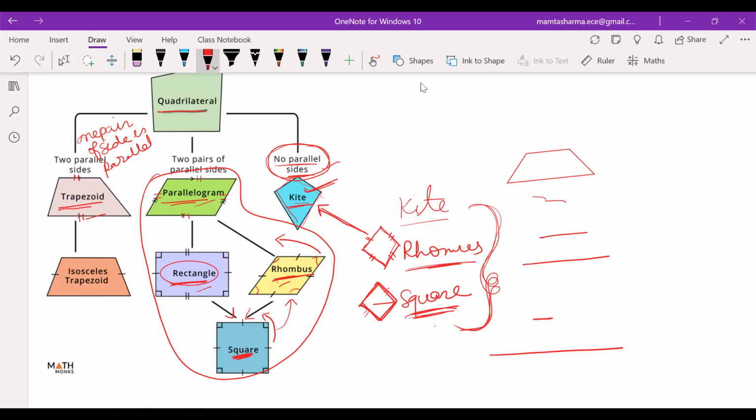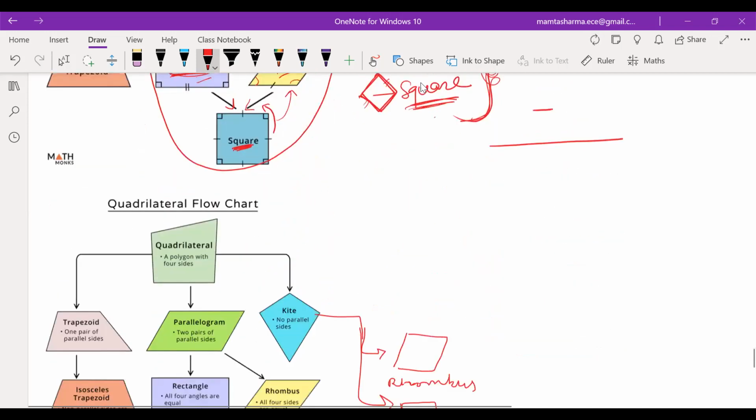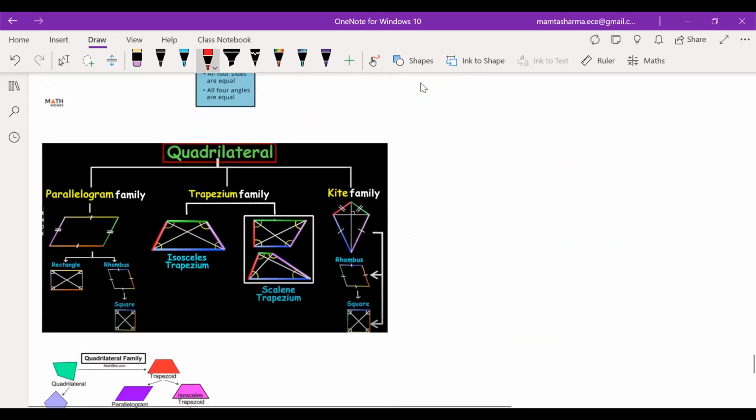Clear? Now don't get confused. If any question comes, remember this chart. All parallelograms are a trapezium. All kites are not a trapezium, only special kites, that is rhombus and square kites, are trapezium. Clear? Now we will solve this question.